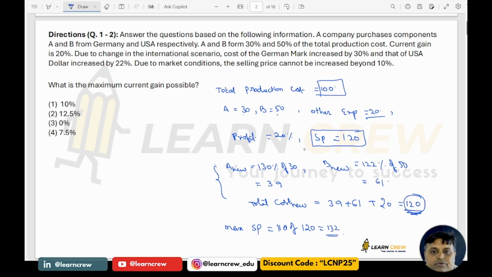Now the question is, what is the maximum current gain possible? Maximum current gain possible is on 120, 12. On 120, 12 is how much? 10%. The maximum selling price is 132. 132 on 120 is 10%. So answer is option A.